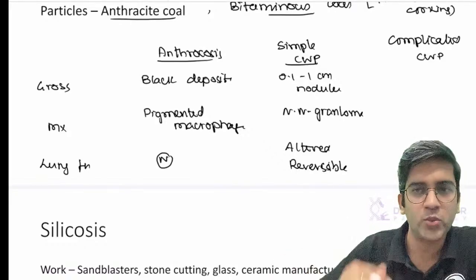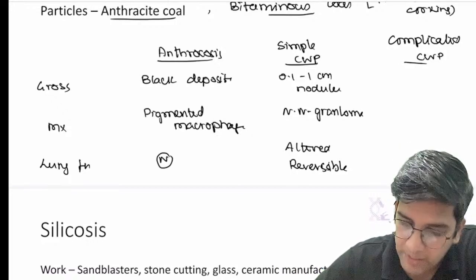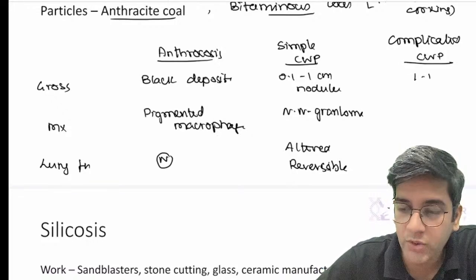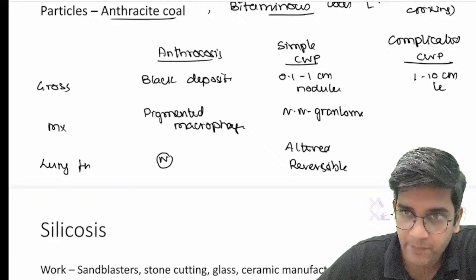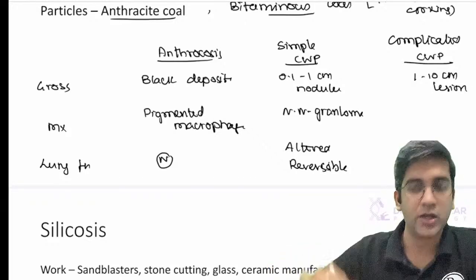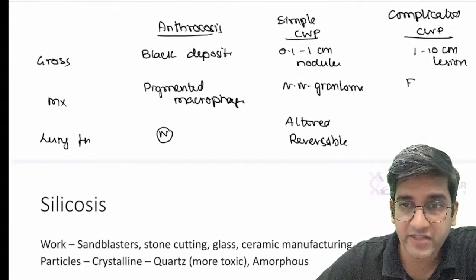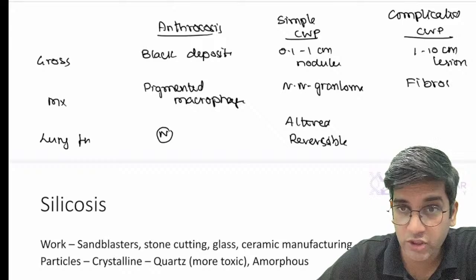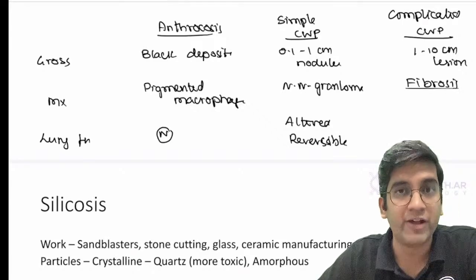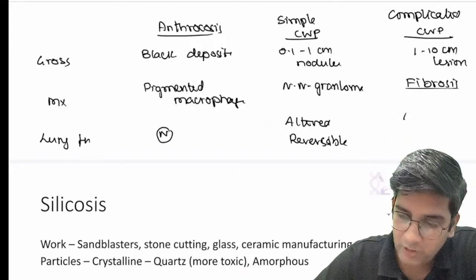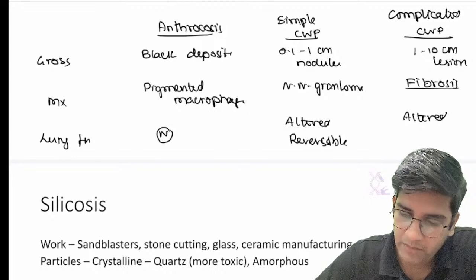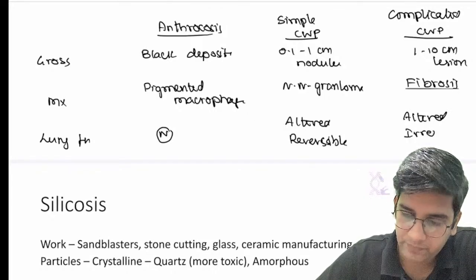So lung function also will be reversible. Fine. Complicated coal workers pneumoconiosis, 1 to 10 centimeter lesions. It can be throughout the lung also. The most important thing here is fibrosis. Whenever it becomes fibrotic, it will also have an altered lung function, but it's irreversible.